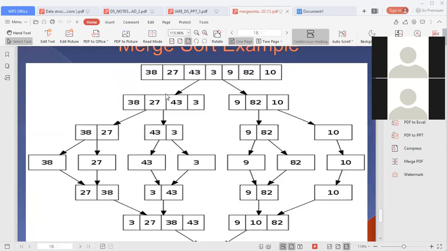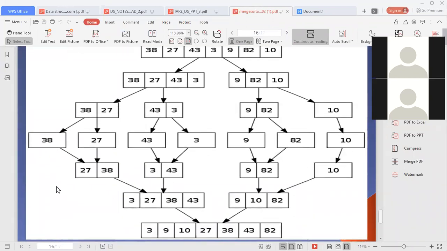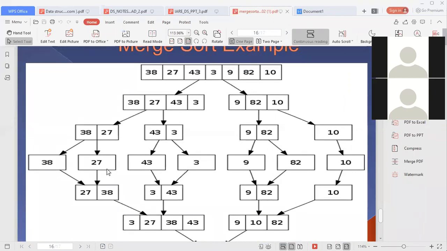It was divided into 4 plus 3, and 4 again divided into 2 plus 2, and 3 again divided into 2 plus 1. Do you understand up to here? And it was further divided into single elements, and again these are sorted. Now copy this one.